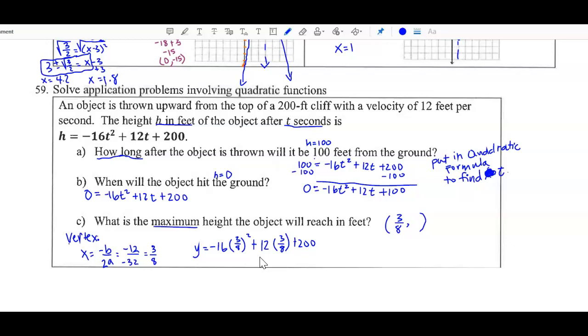All right, so I got it as 202.25. So 202 1/4 is what I got there.